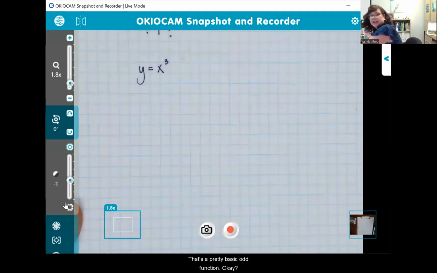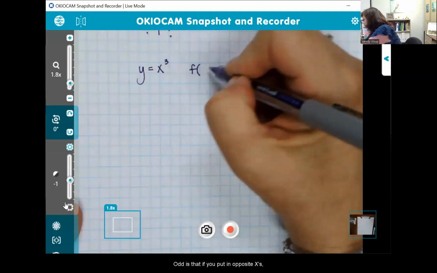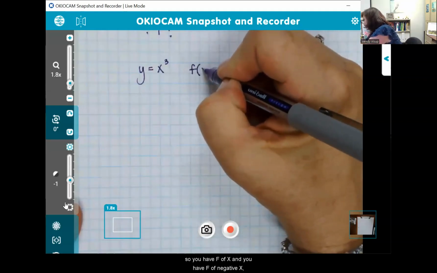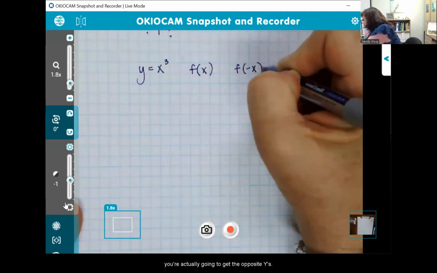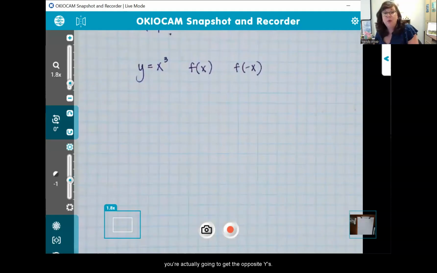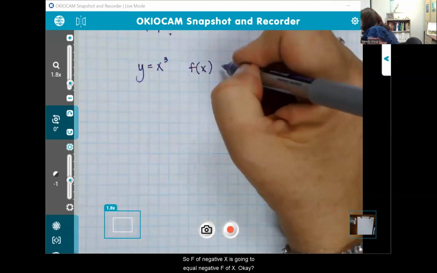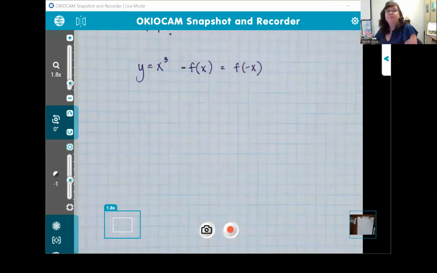That's a pretty basic odd function. Odd means that if you put in opposite x's, so you have f of x and f of negative x, you're actually going to get opposite y's. So f of negative x is going to equal negative f of x.